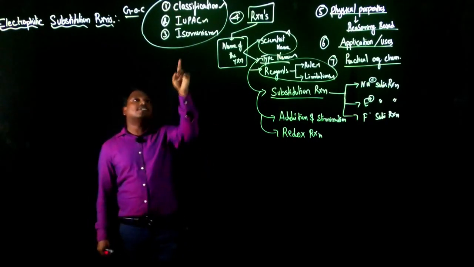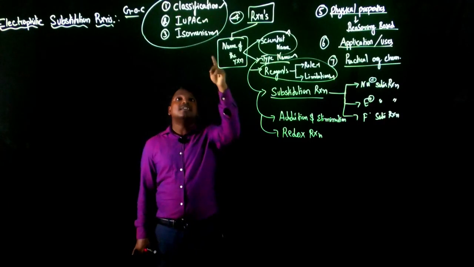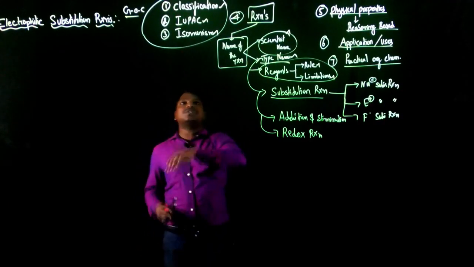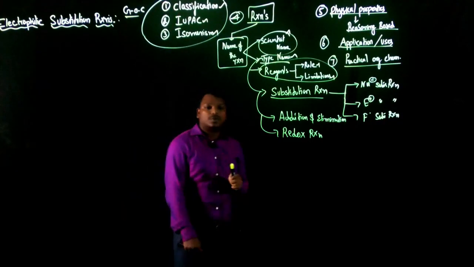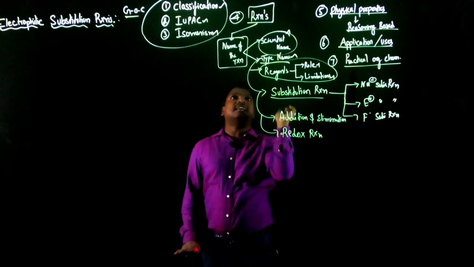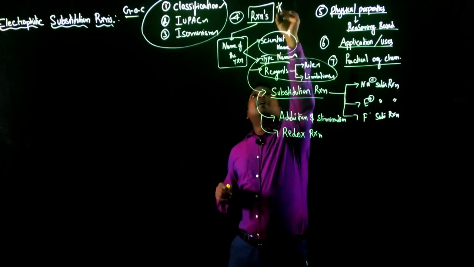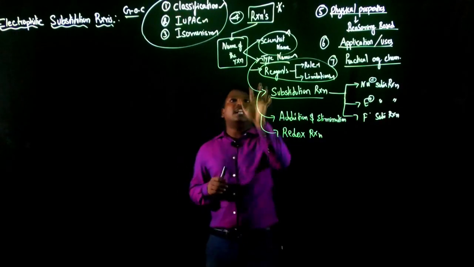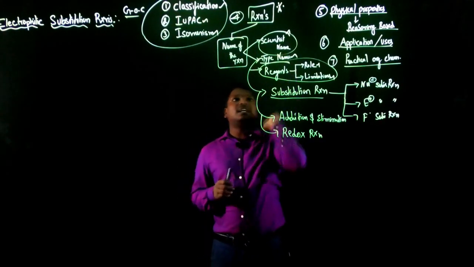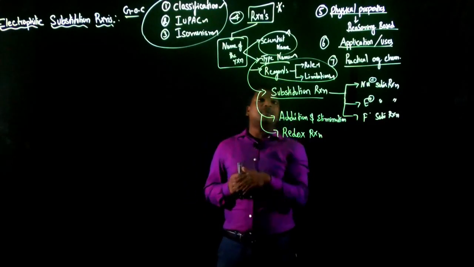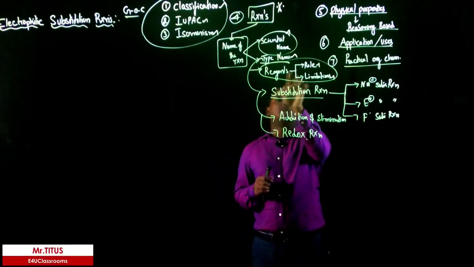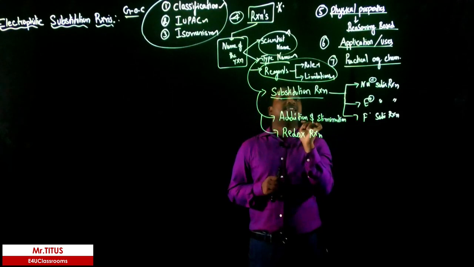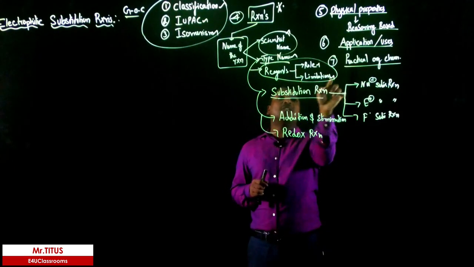Let me recap. The first is classification based questions, the second is IUPAC nomenclature based questions, and the third is isomerism based questions. Then reactions, which is very important. Whenever you learn any reaction, remember its name, specifically the scientist name, or at least the type name, the reagents used and their role, any solvent used, and the limitations.